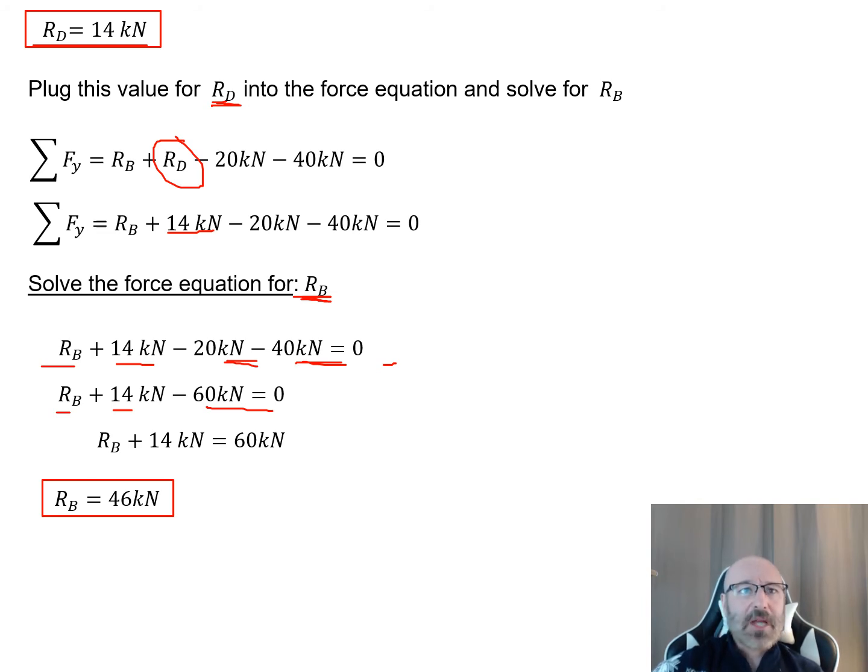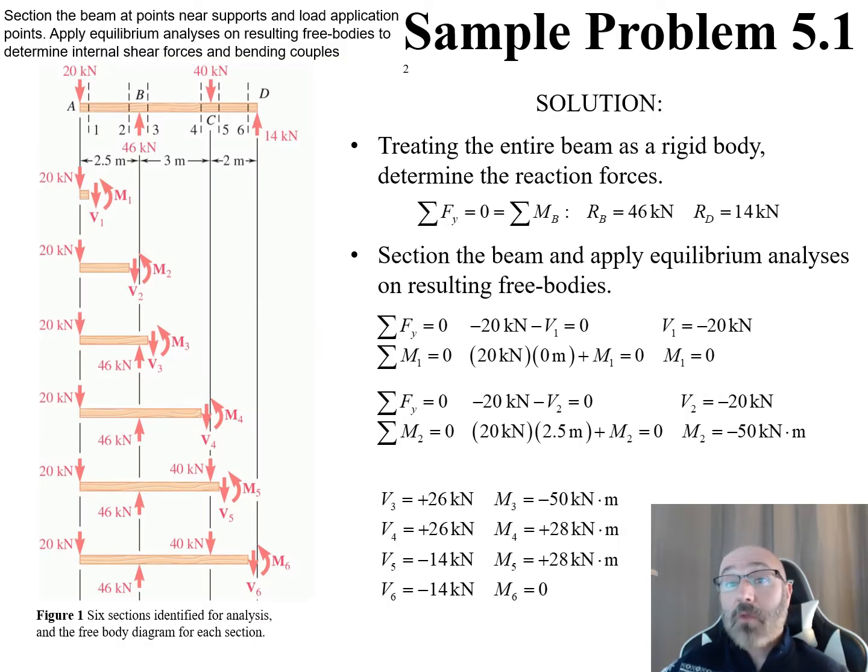Rearranging, R sub B plus 14 kilonewtons is equal to 60 kilonewtons. We subtract 14 kilonewtons from both sides, and we find that R sub B is equal to 46 kilonewtons. So now we can see where these values for R sub B and R sub D came from, by doing the free body diagram for the entire beam as a rigid body in order to determine those reactionary forces.